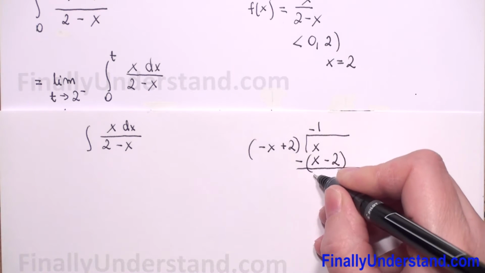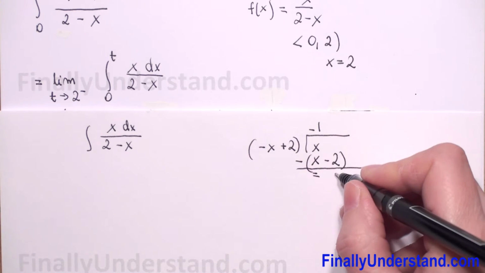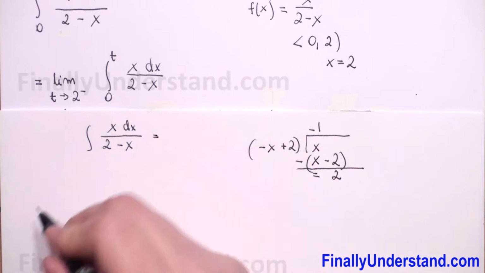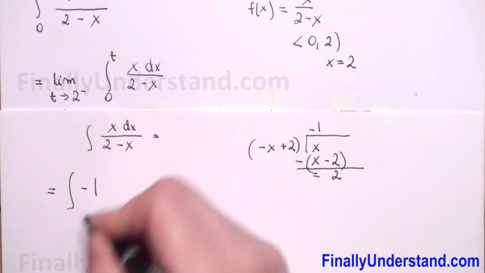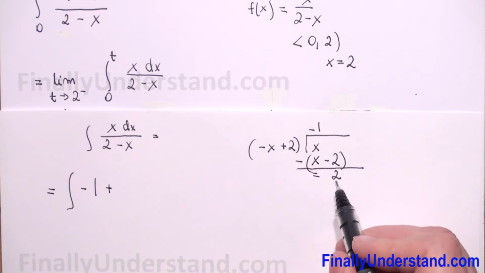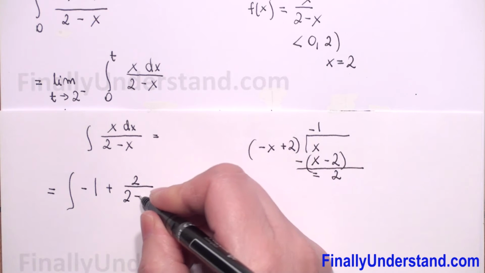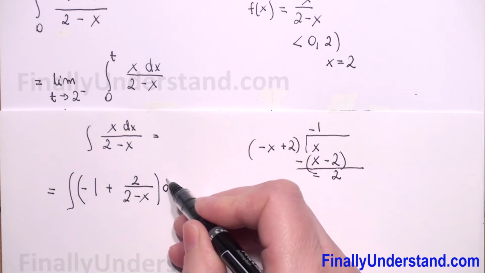We have x minus x is 0. 0 minus negative 2, minus and minus give us plus, so it will be only 2. So we can rewrite our integral in the form negative 1 plus the remainder, 2 over 2 minus x, everything with respect to x.